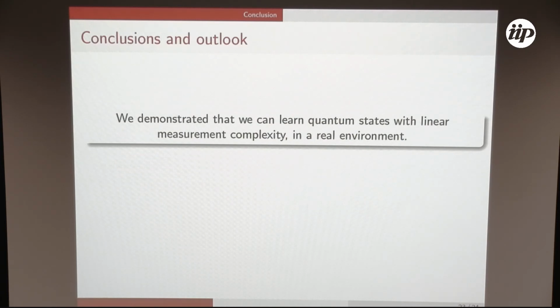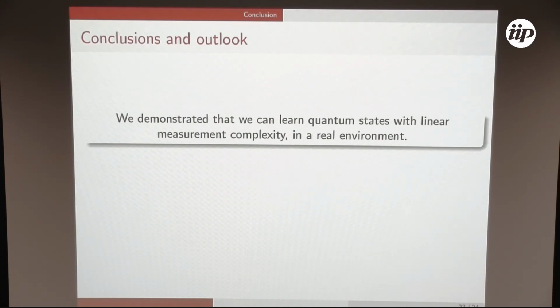So we have demonstrated that we can apply this protocol in a real scenario, and that the scaling is actually linear. But even if this protocol is very general and should work for every quantum state, we only applied it to a very specific kind of state.